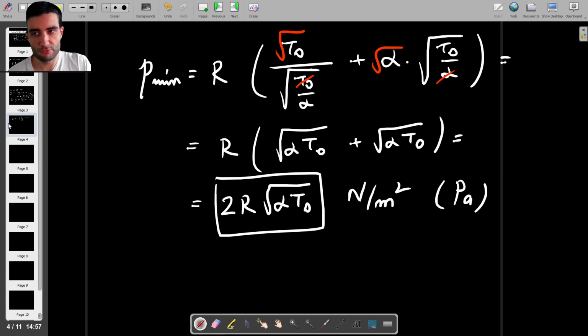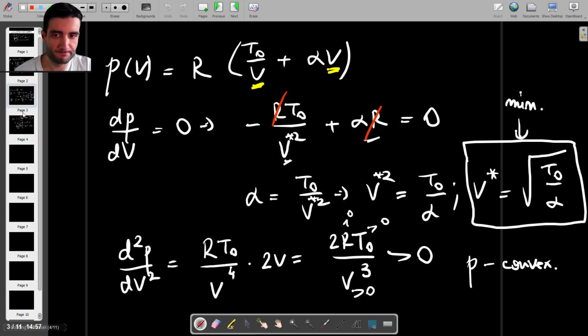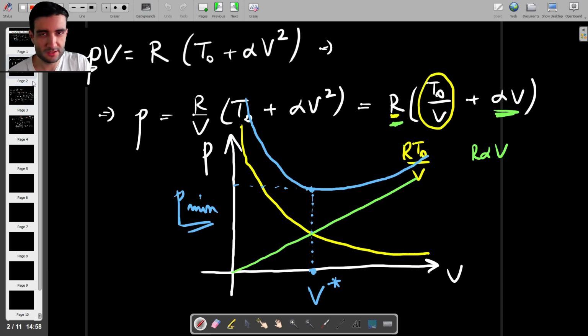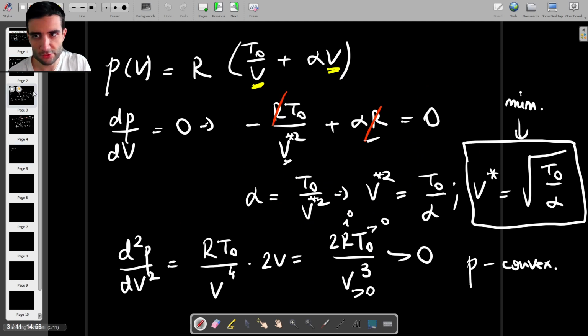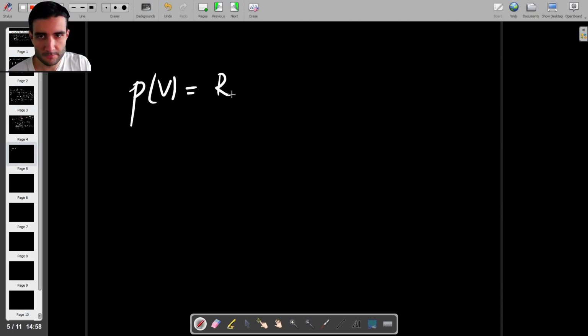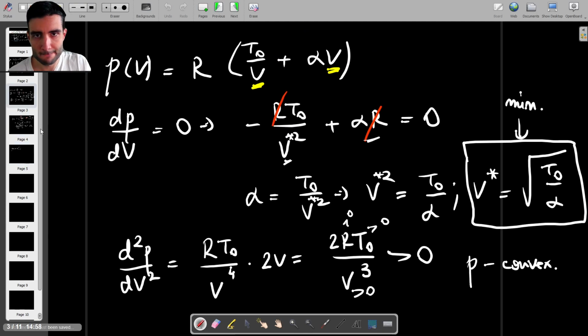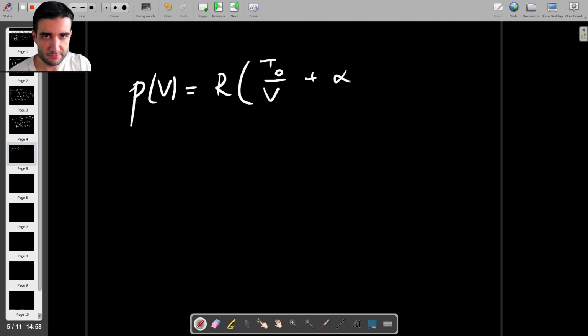Now another way to do this without using calculus is to use a mathematical trick, which is the following. Let's write the pressure value again: pressure as a function of volume is R T0 over V plus alpha V. Let's look at this bracket for a second.